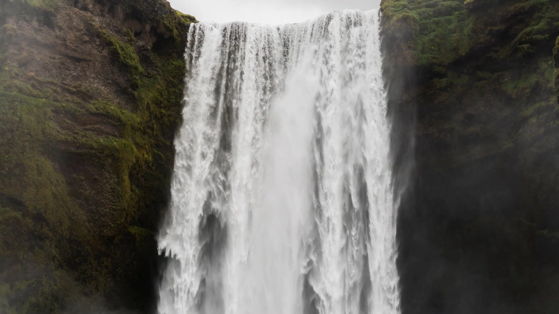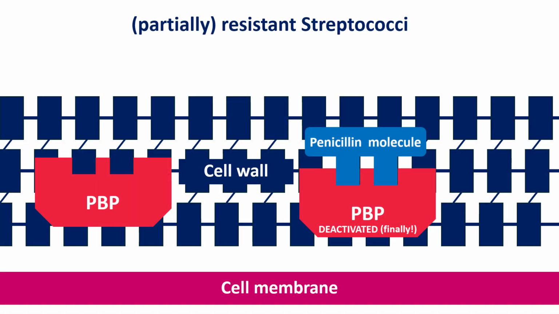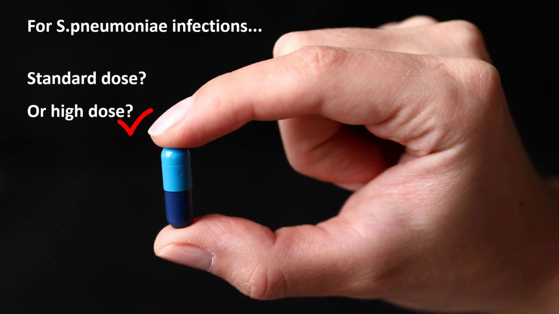Well, by absolutely flooding this PBP with as many molecules of penicillin as possible, and hopefully one should stick according to the probability, right? So the more there are, the more likely it is that one will bind to the PBP and disable it. So the way to deal with this resistance mechanism by some streptococci, and especially Streptococcus pneumoniae, is to increase the dose of penicillins.